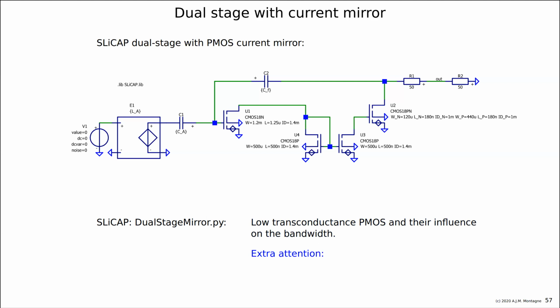And extra attention now we are going to pay to the selection of the loop gain reference. Where do we select the loop gain reference? Every transistor that is there has a local loop because of the feedback capacitance, the internal feedback capacitance, or the Miller capacitance, whatever you call it, but basically the gate drain capacitance.